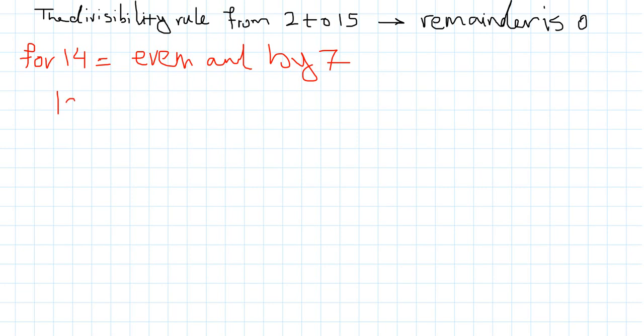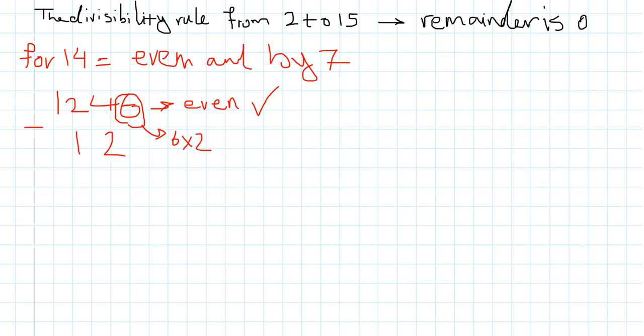Let's check this number, 1246. It is divisible by 2, it is even. It is the first rule. The second rule is divisibility for 7, so I say 6 times 2. 6 times 2 is 12, so minus this. 124 minus 12, it is 112.